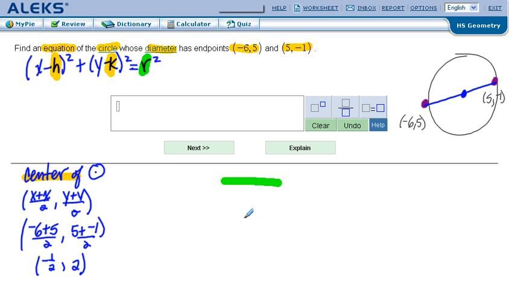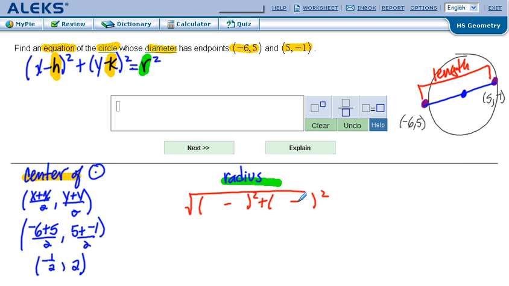Next thing we need to find is the radius. To find the radius, we're first going to find the diameter length, the whole length of the diameter, because once we find the length of the diameter, we simply divide in half to get the radius. So to get the length of the diameter, we're going to use the distance equation, which is the square root of (x minus x)² plus (y minus y)².